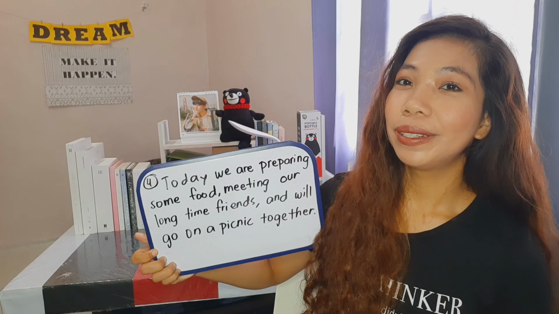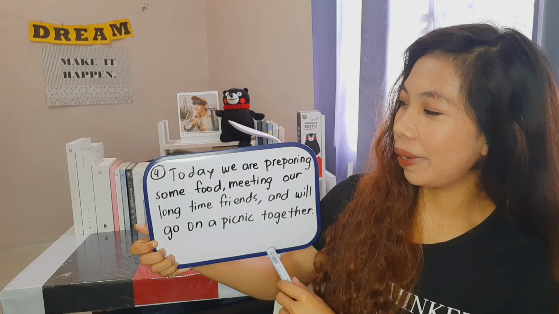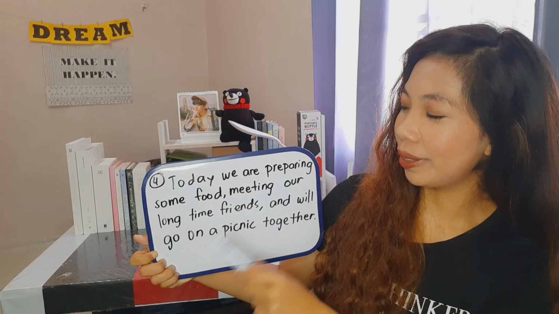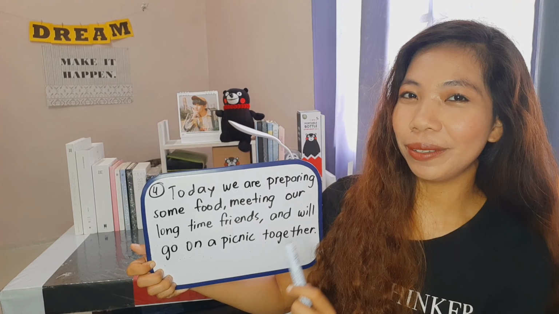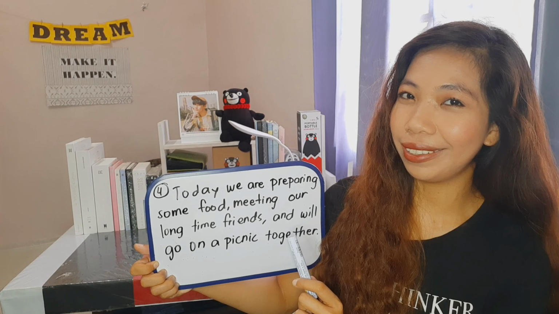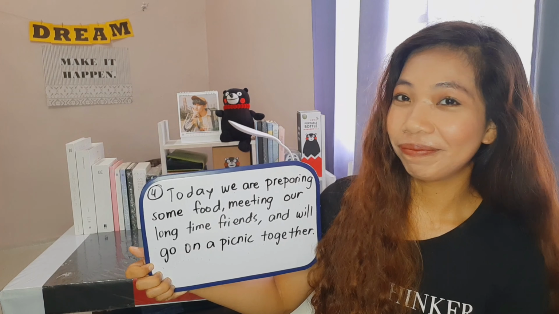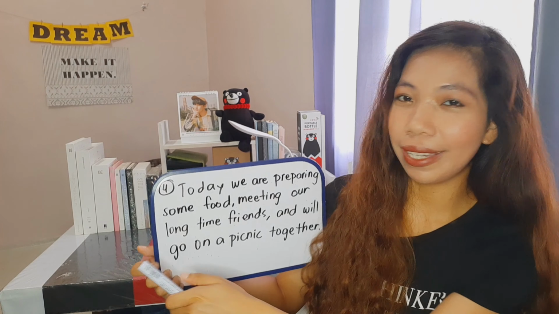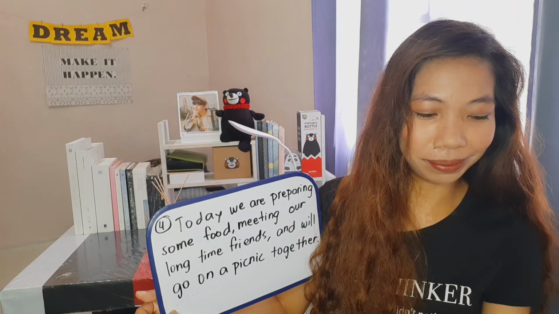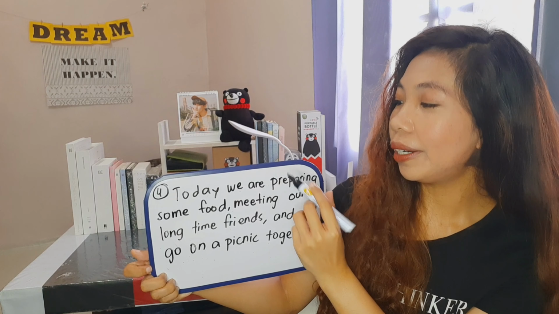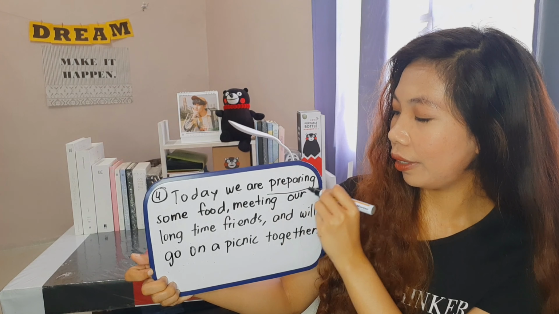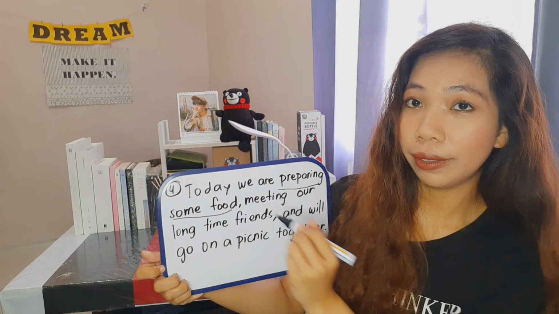Now let's have sentence number 4. Today, we are preparing some food, meeting our longtime friends, and we'll go on a picnic. Can you find the phrases here that should be parallel? All right, you have to help me out. Let's underline them. First, today we are preparing some food.